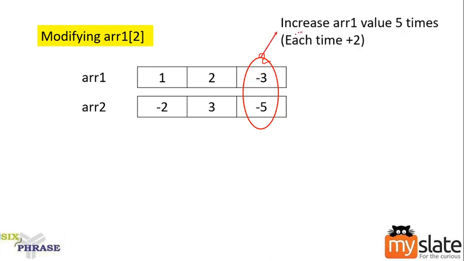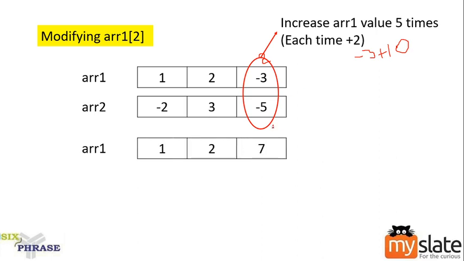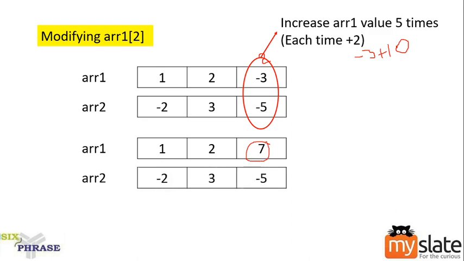Okay, increase the array 1 value. So increase the value 5 times. Each time add 2, which means increase it by 10. So for minus 3, if I increase it by 10, the answer will be plus 7, right? So updated array 1 is 1, 2, 7. Minus 3 has changed to 7 here, and array 2 will be minus 2, 3, minus 5.